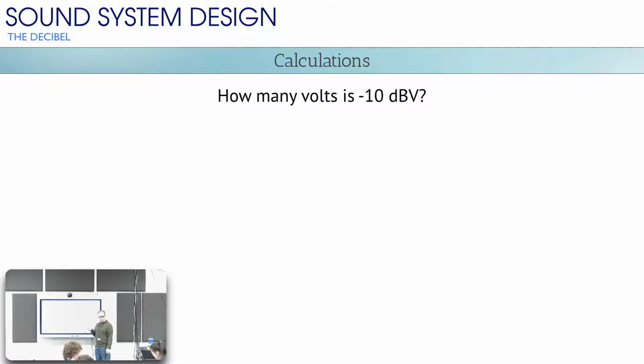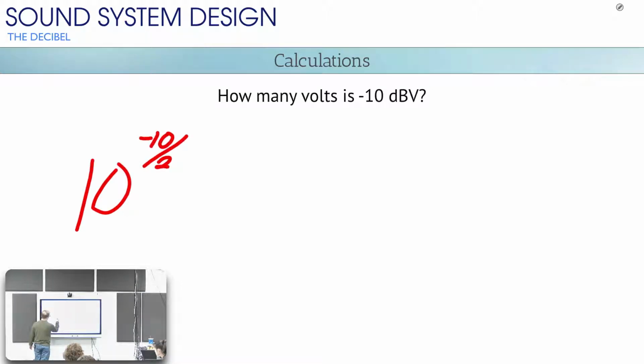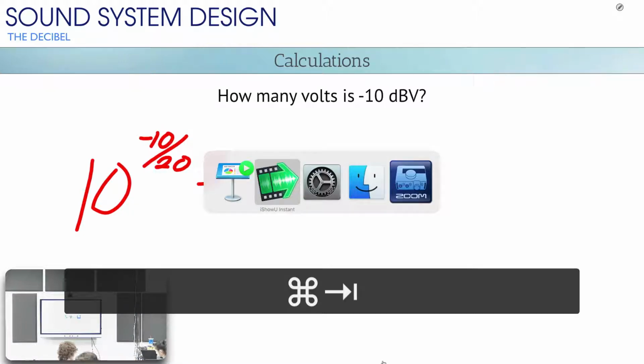Well, the first thing we would need to know is the force ratio of minus 10 dB. Right? And that can be calculated using 10 to the power of negative 10 divided by 20. So let's take a look at how you might do that with the calculator.